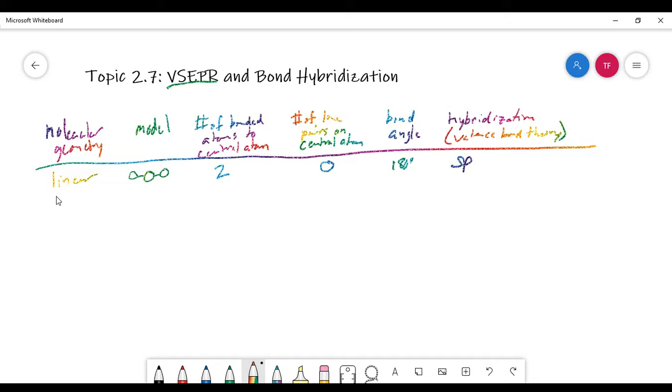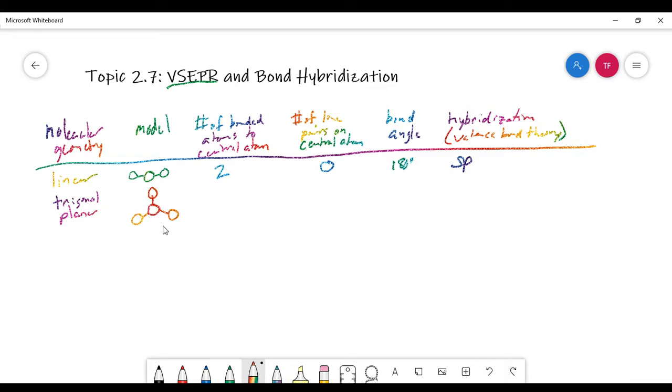Second structure we're going to look at is called trigonal planar. And trigonal planar molecules, as the name implies, trigonal meaning that there are three different atoms on the central atom, and planar meaning that it's flat. So we have a central atom, and around the central atom, three atoms are bonded. And notice that there's equal spacing between these atoms.